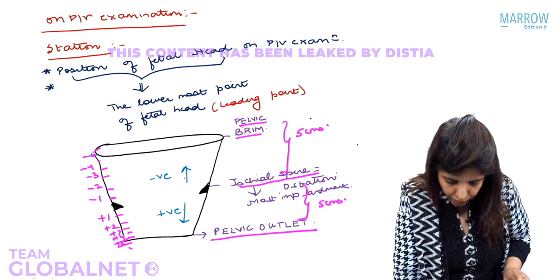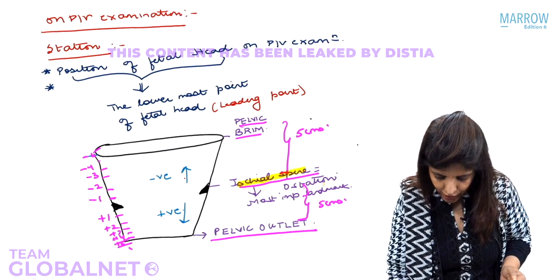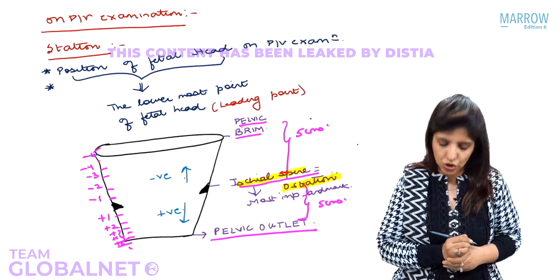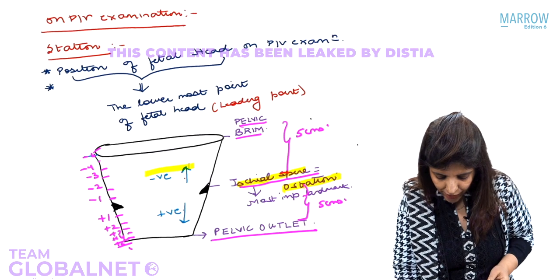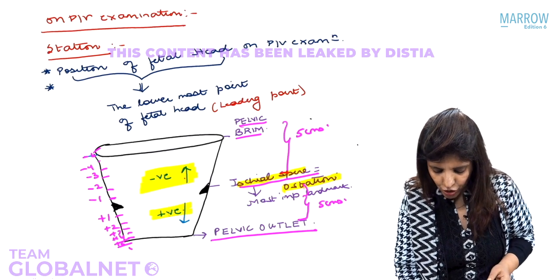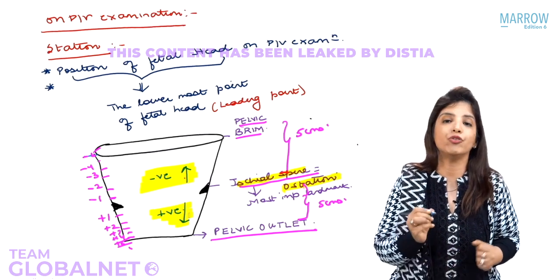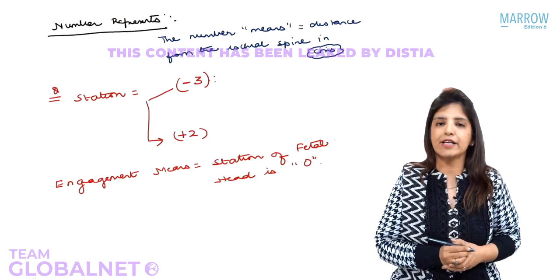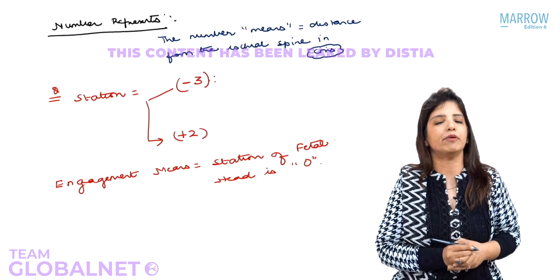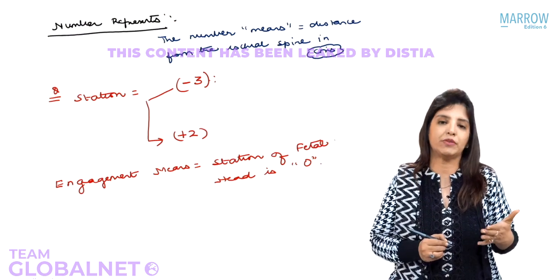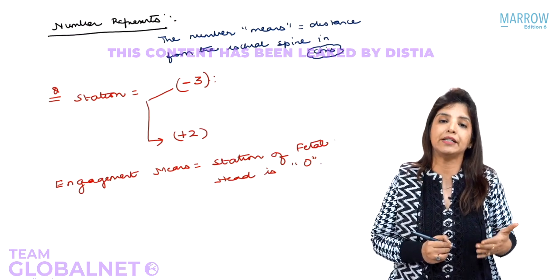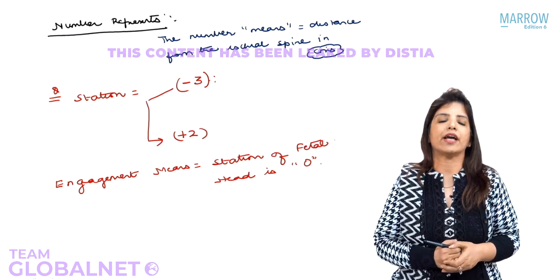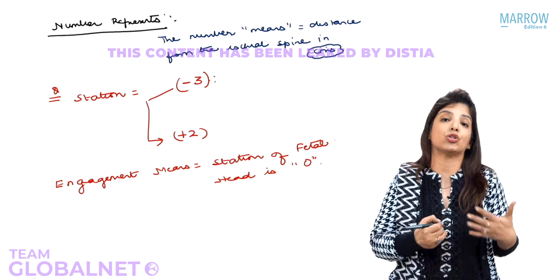So the most important landmark is ischial spine, and if head is at the level of ischial spine, it is zero station. If it is above it, it is negative station. If it is below it, it is positive station, right? So the number, as I told you, what does the number represent? The number represents the distance from the ischial spine in centimeters. Suppose I say that the head of the fetus is at -3 station.